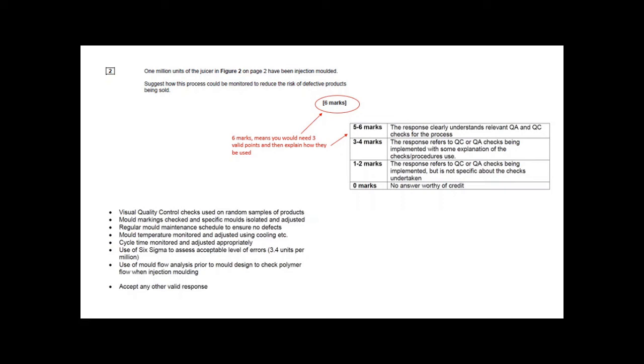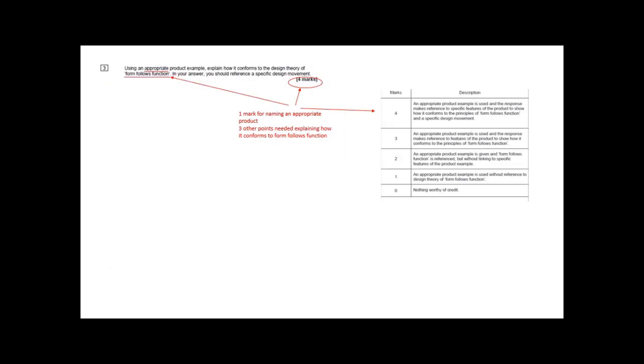Use of mold flow analysis prior to mold design to check polymer flow when injection molding. So when you are making the mold first, you would design it on CAD software like Fusion 360 or Creo. You'd make the mold, and on all those CAD softwares, you can do flow analysis where it would check how easily melted plastic would flow into the mold. So 6 marks, quite simple. It's 3 points, and then sort of back those up.